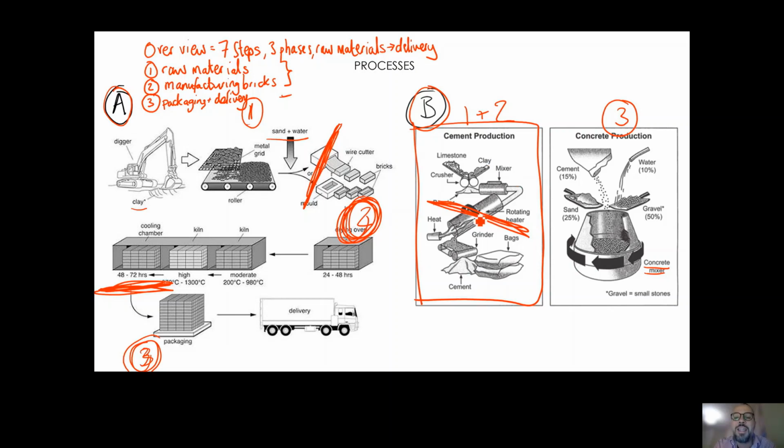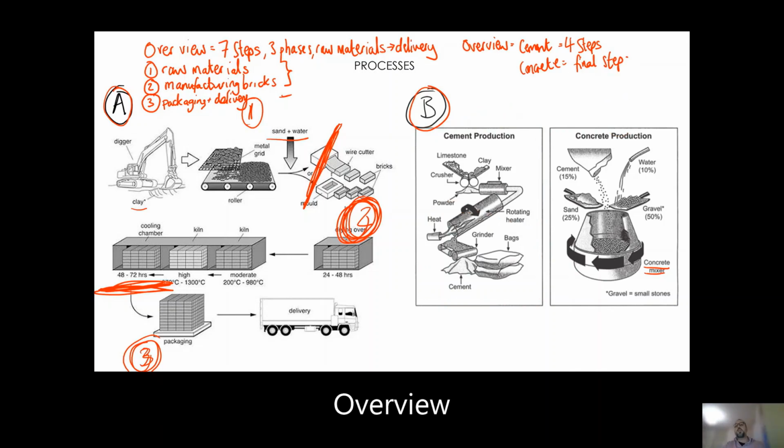Once they are heated, they become cement, in my view. So everything up until the heating stage is dealing with the raw materials. Everything after the heating stage is dealing with cement itself. So my overview is the production of cement takes place over 4 steps, and this product can be mixed with others in a final step to produce concrete.